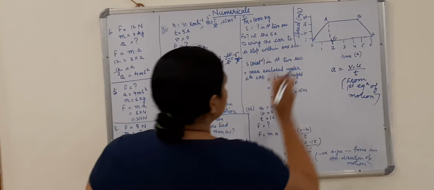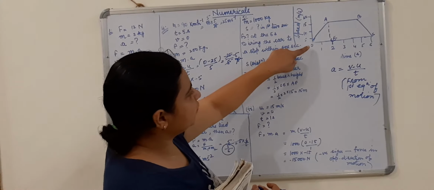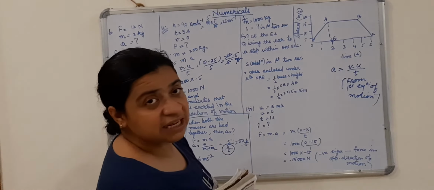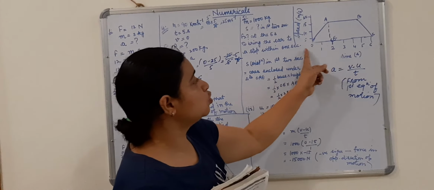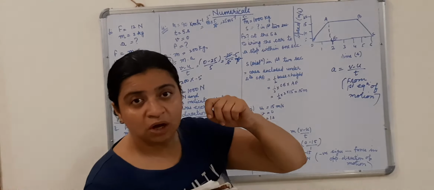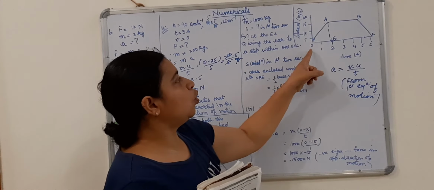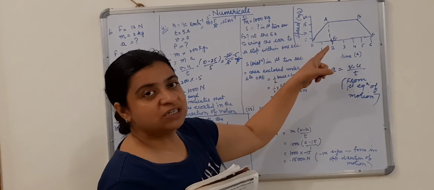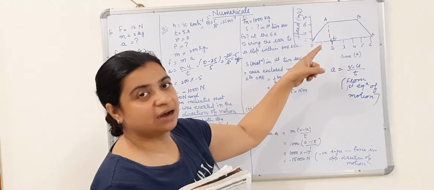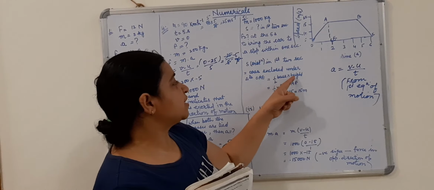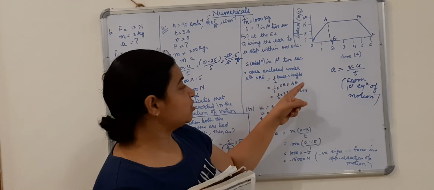So the area enclosed under this graph, that is OAE, will give me the distance covered by the car in the first 2 seconds. It is a triangle here, OAE. What is the formula for the area of a triangle? Area of a triangle is equal to 1 upon 2 into base into height, that is half of base into height.